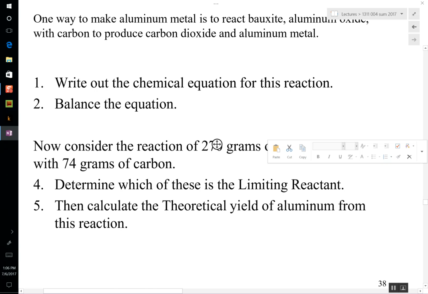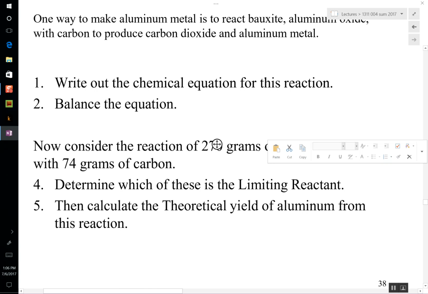Don't do that. Pick a product and then figure out how many moles of aluminum you can get from 270 grams of aluminum oxide, and how many moles of aluminum you can get from 74 grams of carbon. You say, well, there's no aluminum in there. Well, it's reacting with that to produce the aluminum. Okay? So we're going to do both of those.